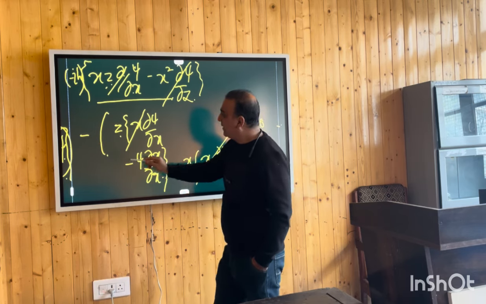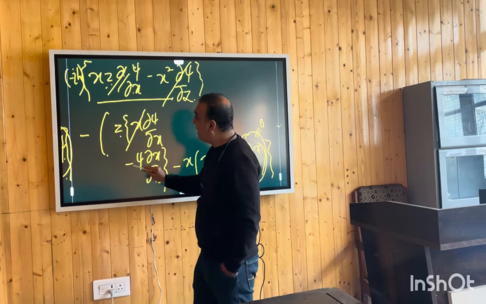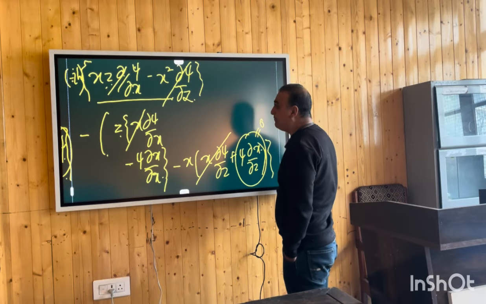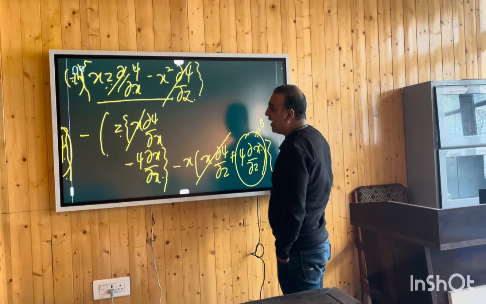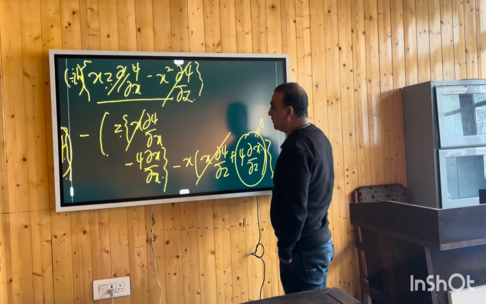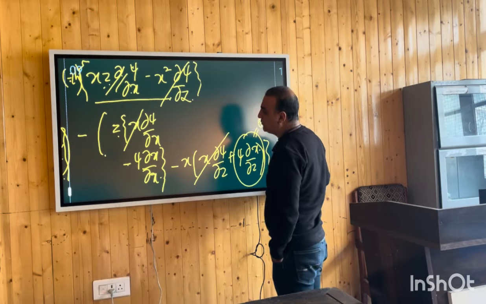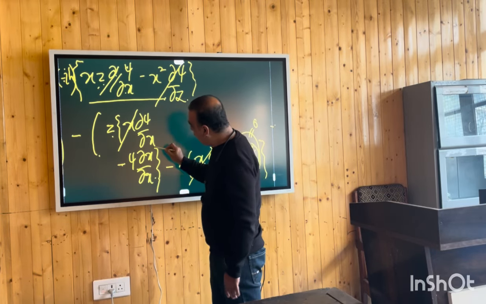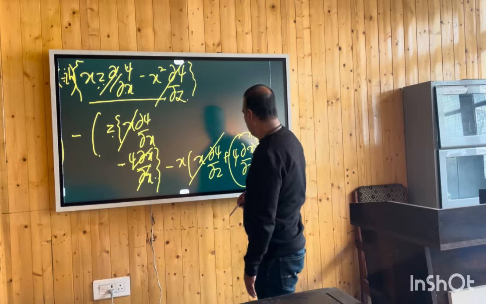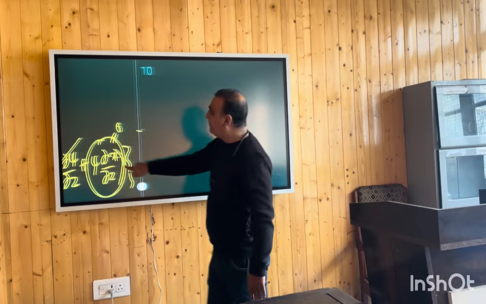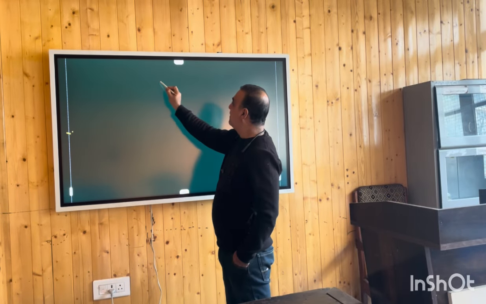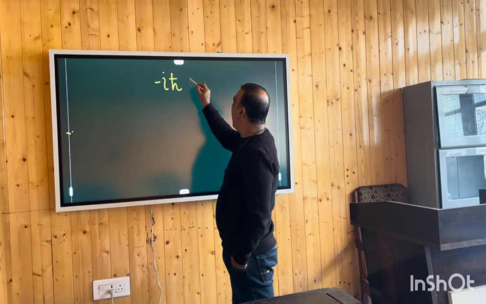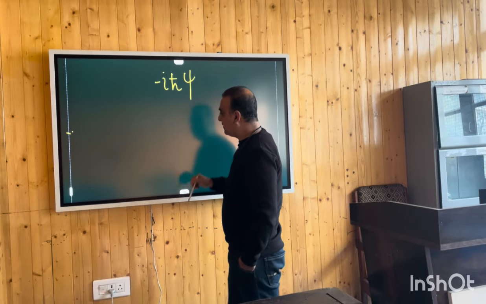And plus, you will have plus, then that plus will multiply with this minus, and that will make minus. So what I'll be left with is minus iħ psi. Because you can see here, ∂x/∂x will give us 1. So the result is minus iħ, and you have psi.